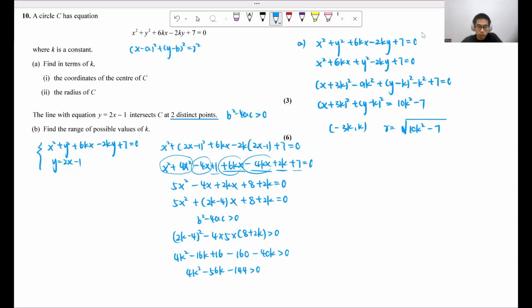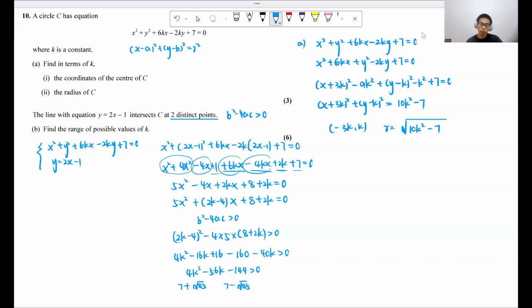So now we can just use the calculator, or we can just use the quadratic formula with 4, negative 56, and negative 144. The roots are 7 plus root 85 and 7 minus root 85.